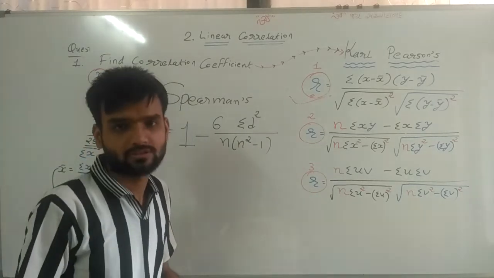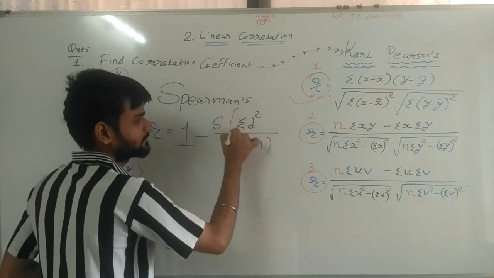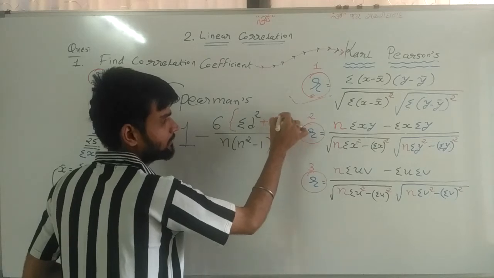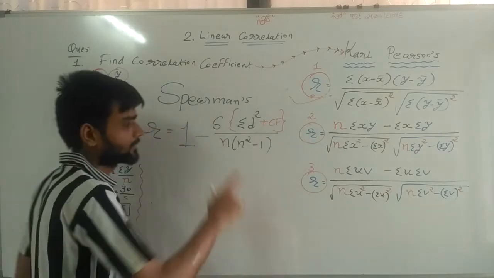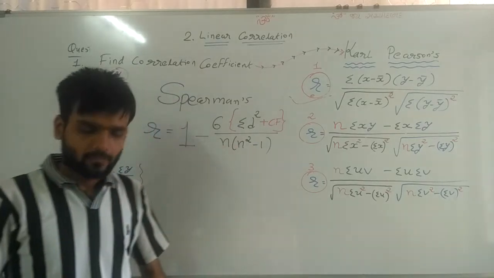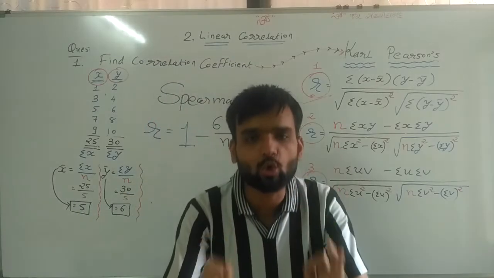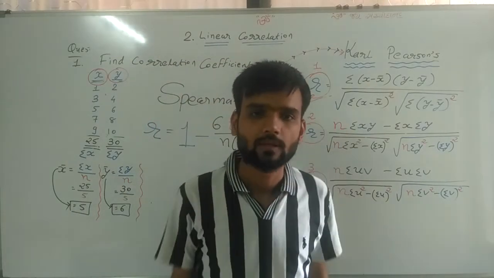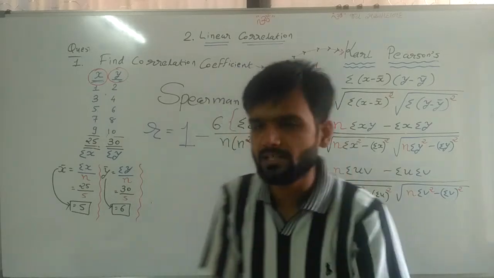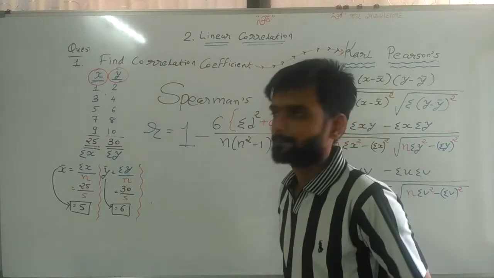And sometimes we use 1 minus 6 sigma d square plus CF upon n square minus 1. Again I repeat, Spearman's rank correlation formula, because in the next lecture we are doing sums on the basis of it.